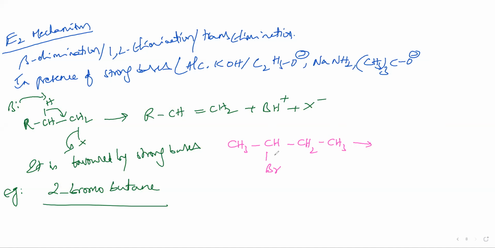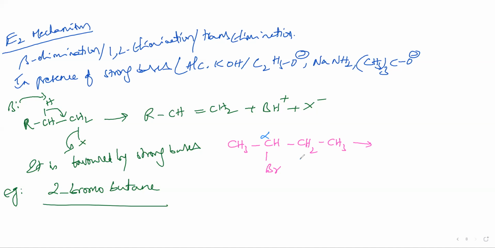Now, the halogen attached carbon. This is the halogen. The attached carbon is what we call the alpha carbon.